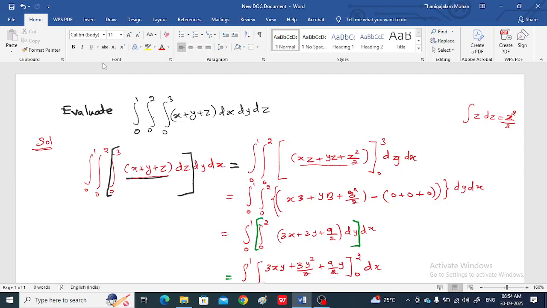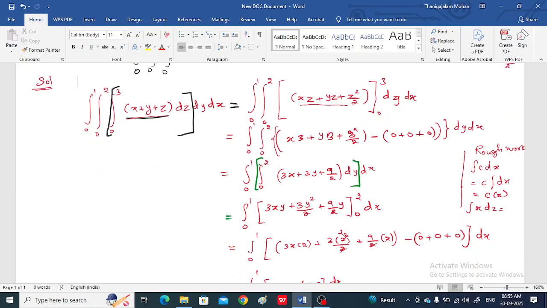What it means, I will write rough work. Integral of c into dx means c into integral dx, where c is the constant, so c into x. In this manner, integral x dz means, these are rough work, don't get confused.